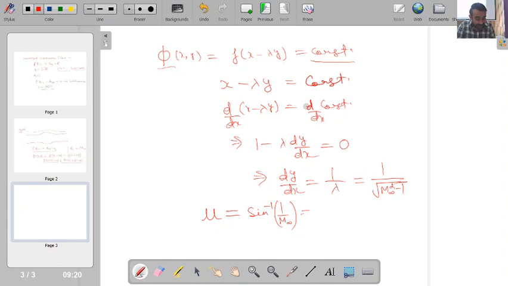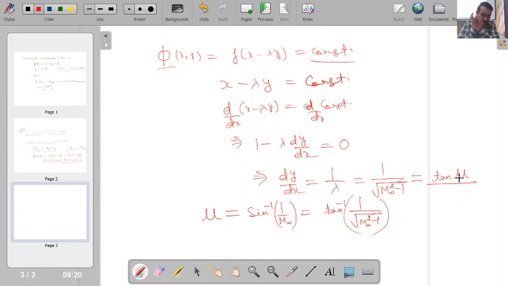And that can be written in terms of tan as tan inverse of 1 by the square root of M infinity square minus 1. So ultimately this dy by dx whatever I am getting over here is nothing but the tan of the Mach angle mu. Fine. Is this point clear?